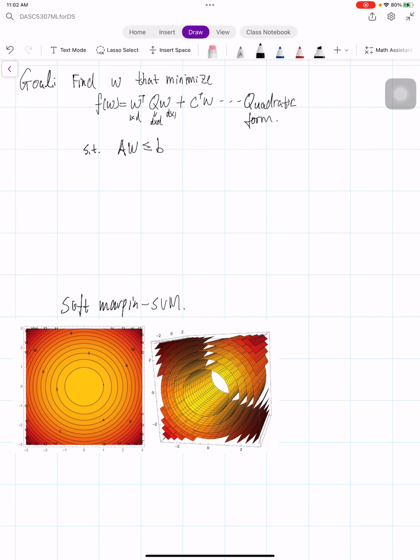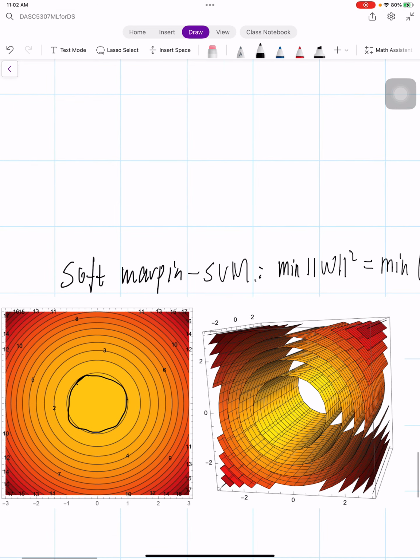Remember, the objective function we want to minimize is the norm of w squared, which, if we have two dimensions, is w1 squared plus w2 squared. So w1 squared plus w2 squared in the feature space is a circle. Now we just give all kinds of constraints.